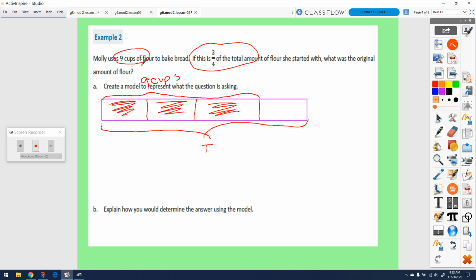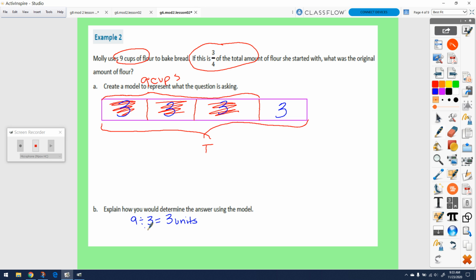If we know that this was 9 cups, each one of these was 3, because I had 9 cups divided into 3 boxes. Each one is 3, meaning this one is also 3. So to determine my answer, I divided 9 by 3 to get the 3 units in each box.